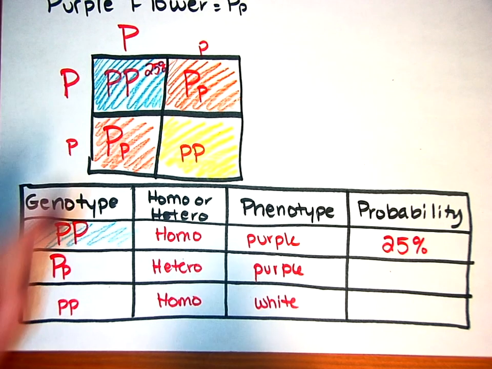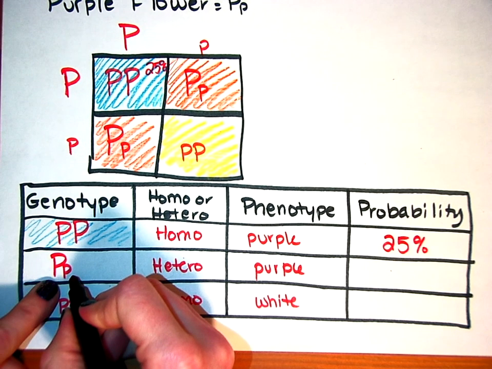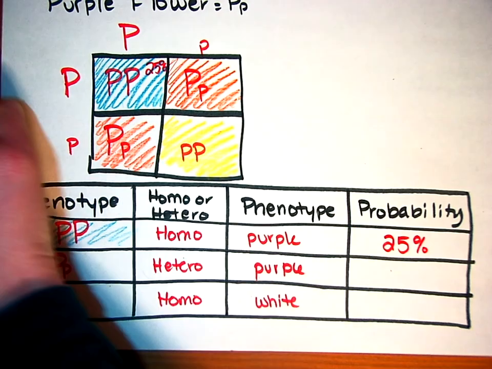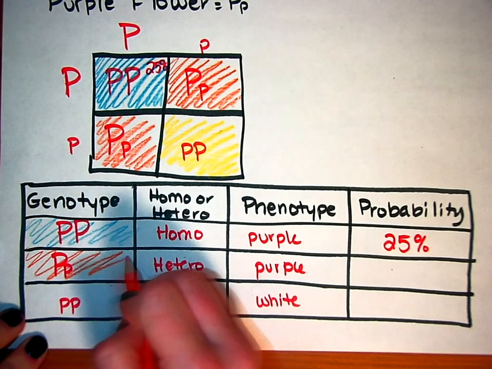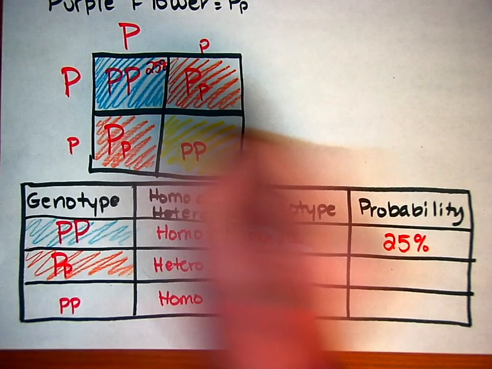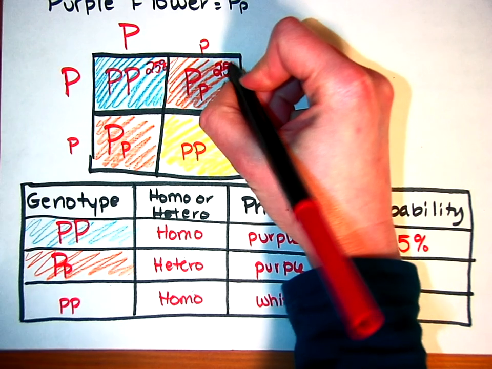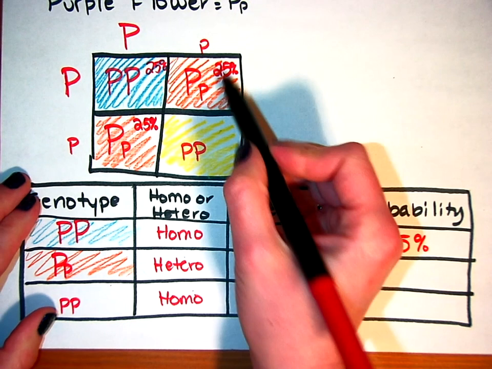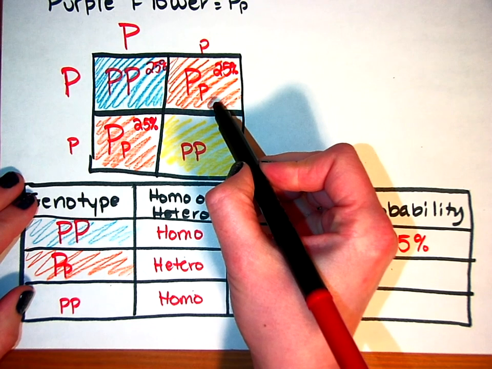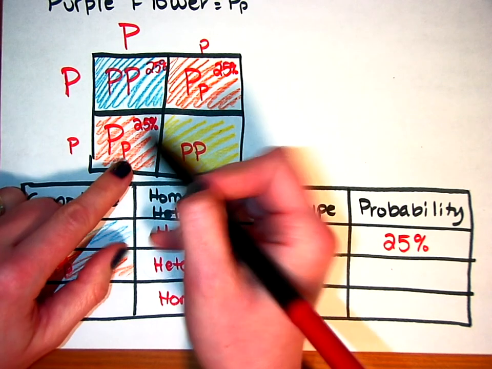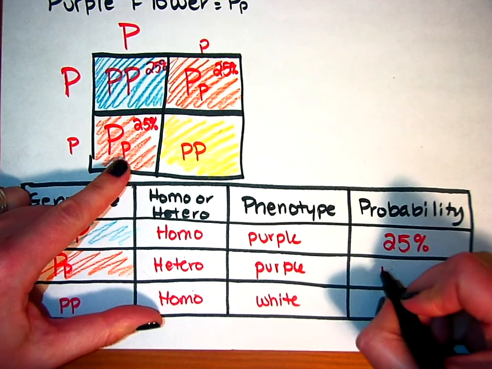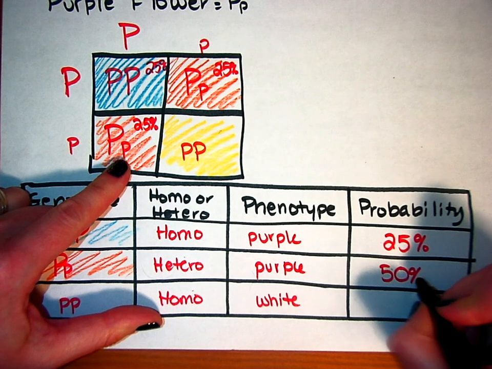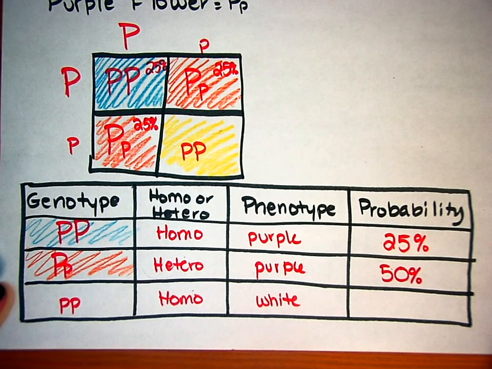Then if I look at big P, little p, I can look at the same thing. Well, this one is my orange squares. How many orange squares do I have? I have this one, and I have this one. So this is 25% over here, but also 25%, which means my total is going to be a 50% chance that one of their babies is going to be heterozygous for the dominant trait.